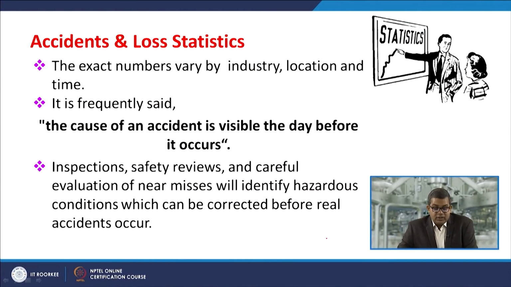Now the exact number usually varies by industry, location and time. Suppose your industry deals with, say, insecticide or pesticide, then it is more hazardous compared to an industry producing drinking water. It also depends on the location.